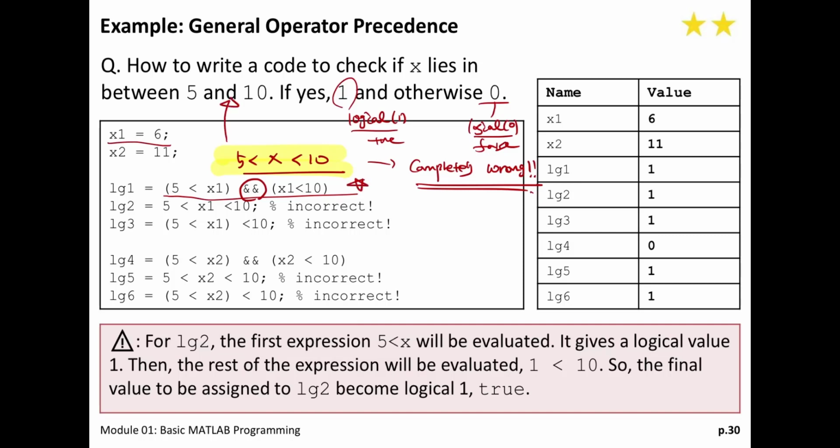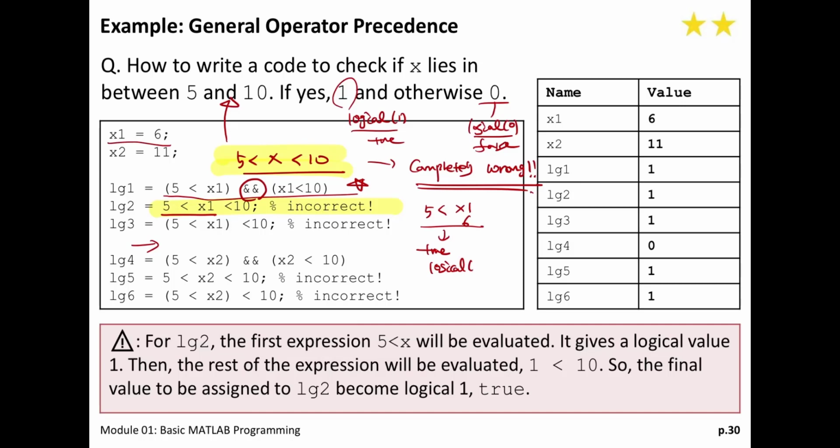Make sense? So what about this one? What happened? It's the same operator, so you do the operation from left to right. So you do this one first. What is this one? 5 is less than 6. That is true.